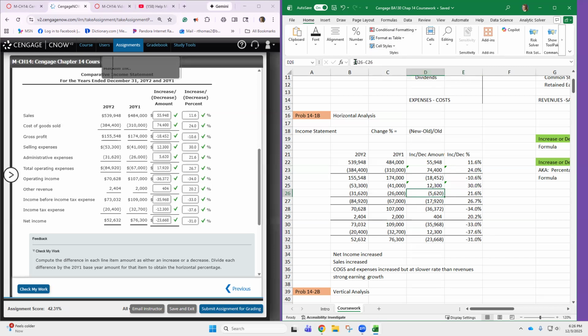Okay, so that's why I've got a little bit of work to do here on my formulas so that they come up correctly. Okay, and then that's good. Okay. Those are total operating expenses. Yep.